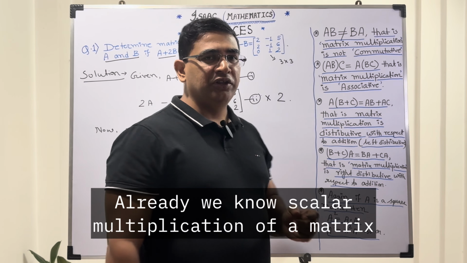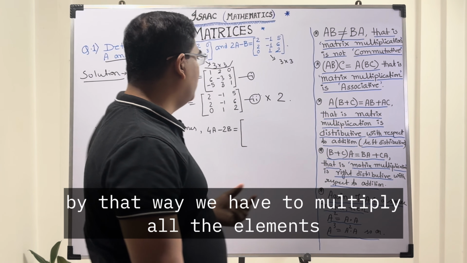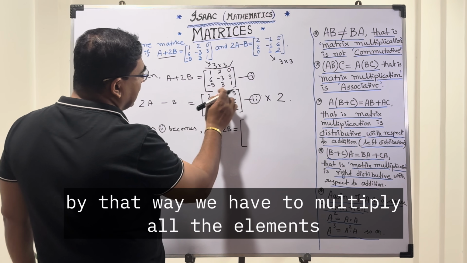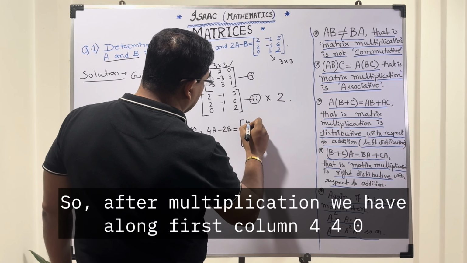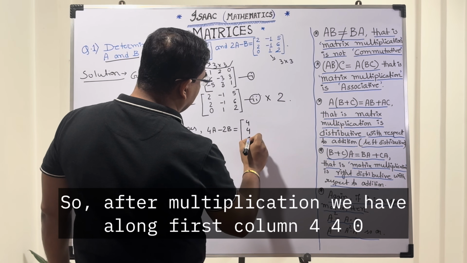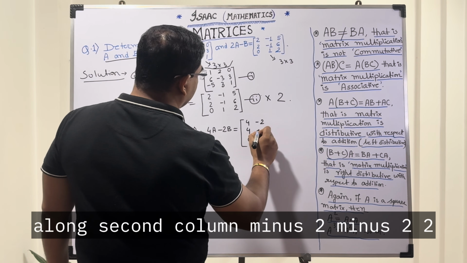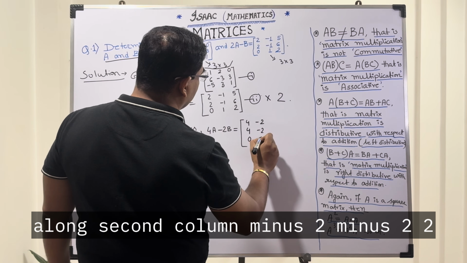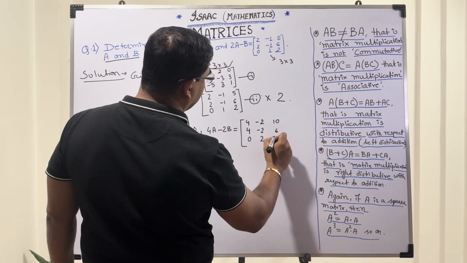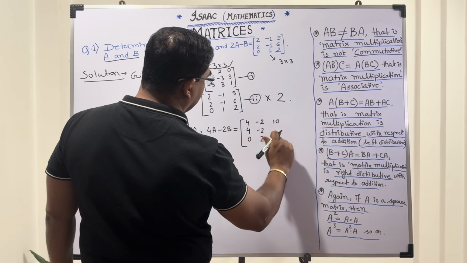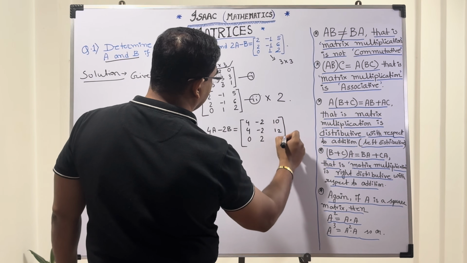Already we know scalar multiplication of a matrix. By that way, we multiply all the elements of this matrix by 2. So after multiplication, we have along the first column 4, 4, 0, along the second column -2, 2, along the third column 10, 12, 4.